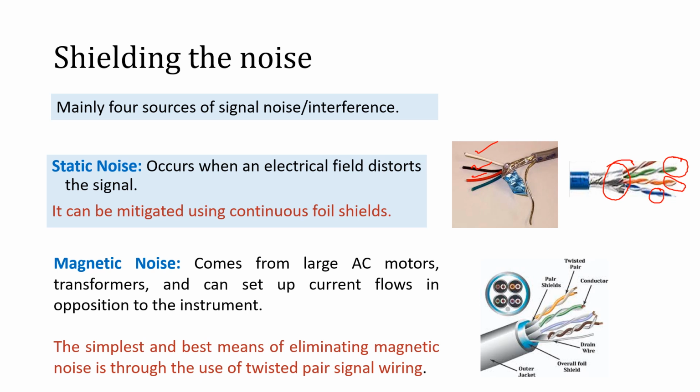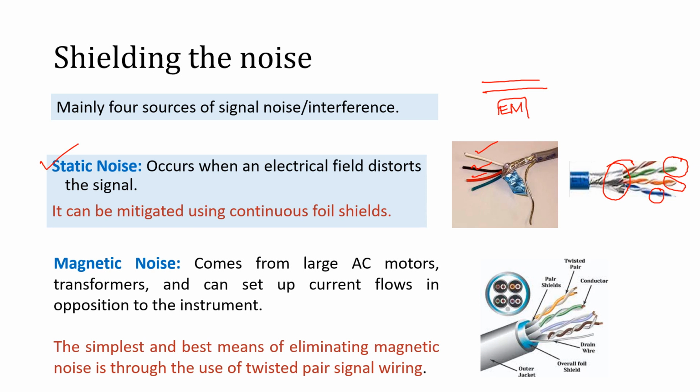So let's start with, first of all, static noise. It occurs when there is an electrical field that distorts the signal. Suppose we have wires, and very close to the wire there is an electric field or electromagnetic field source, an EM source, very near to the wires.